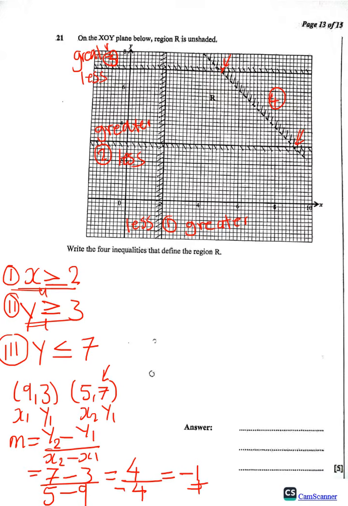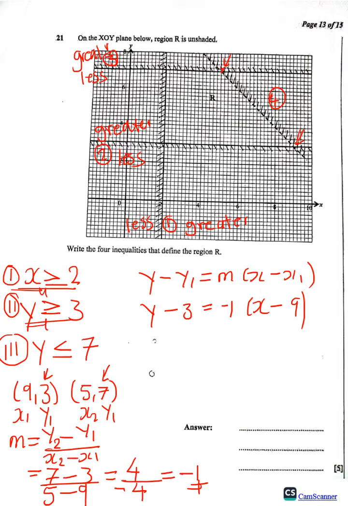Then after finding the gradient, we are going to apply the formula for the equation of the straight line. So this is the formula for the equation of the straight line. So now we can say y1 we have is 3. The slope is negative 1. Then our x1 is 9.